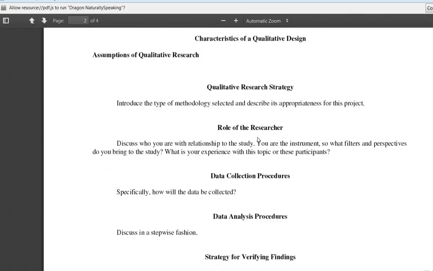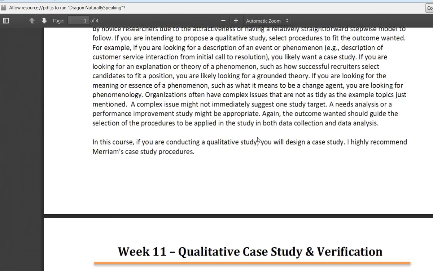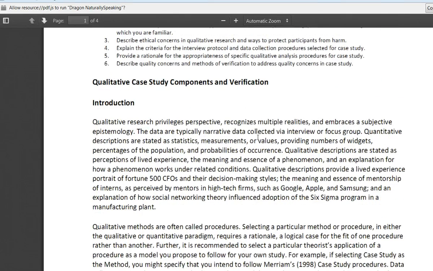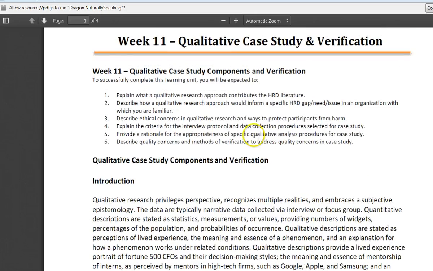Let's go back up and take a look at how we're describing the plan for conducting case study, which is what we're doing for our qualitative case study and verification. Notice that we had validity that we were wanting to confirm as our quality of a survey study. Validity is quantitative.